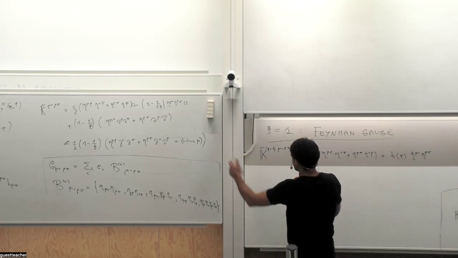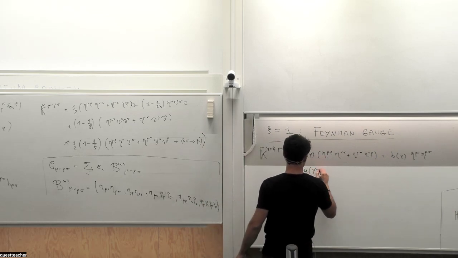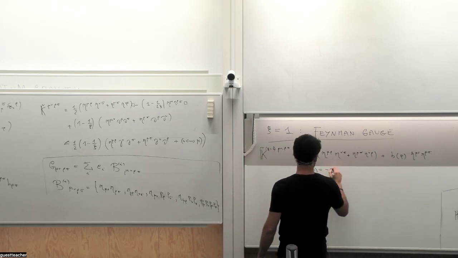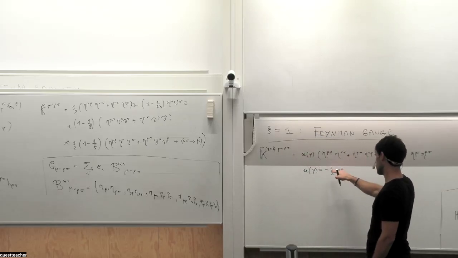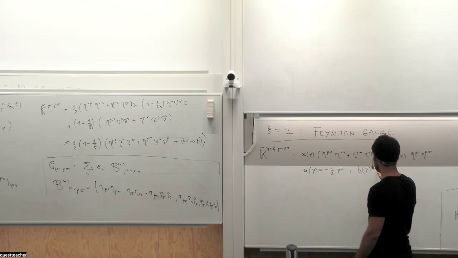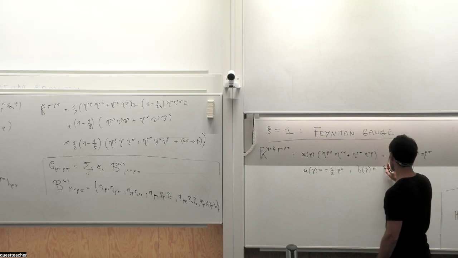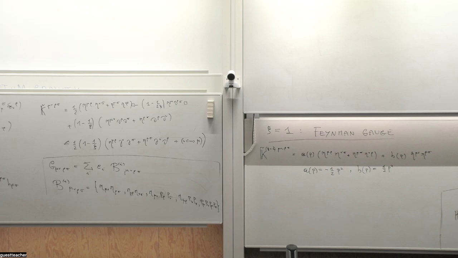And if you go to momentum space, you see that A of P is equal to 1 minus 1 over 2 times P squared. And B of P is equal to the opposite. Okay, so this is the kinetic operator with the de Donder Feynman gauge fixing.